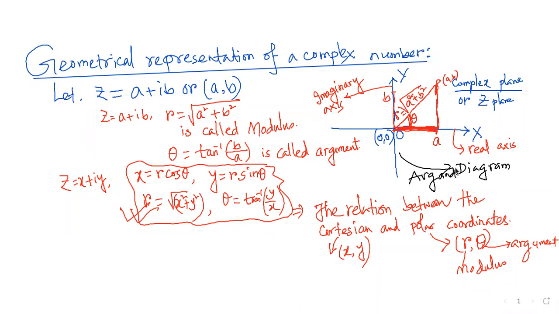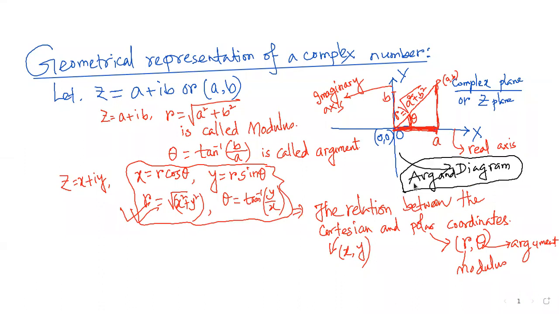Sometimes a question comes in the final exam: what is the Argand diagram? A complex number which is represented in a plane, or in a complex plane, this diagram is called the Argand diagram. So this is important.